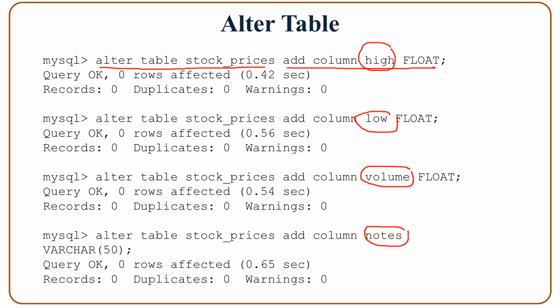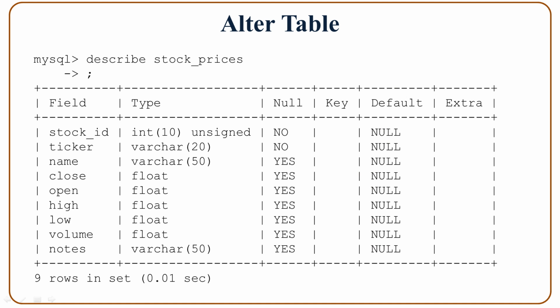And then you describe the table, describe stock prices. And right here, after close, you see all the newly added fields or columns: open, high, low, volume, and notes.